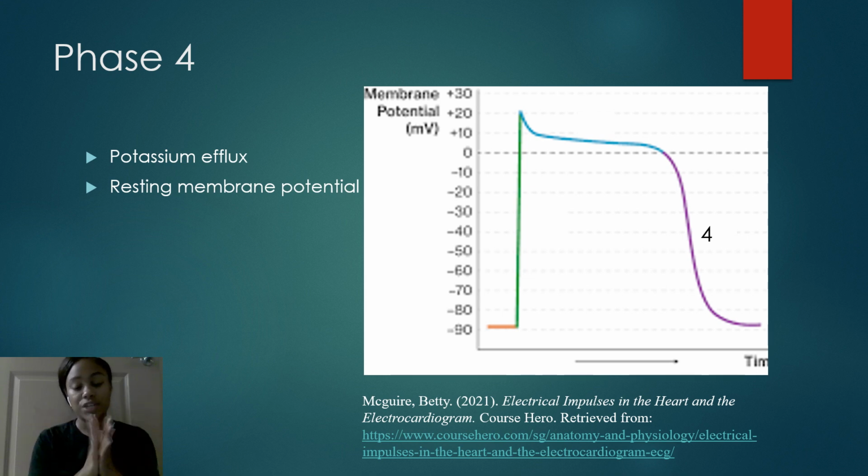And then there's an increased permeability of potassium, as those voltage-gated channels are opening. This leads to an efflux of potassium, and that is what is responsible for repolarization. That will lead the contractile cell back to resting membrane potential, and after it gets there, it just repeats the cycle over again.